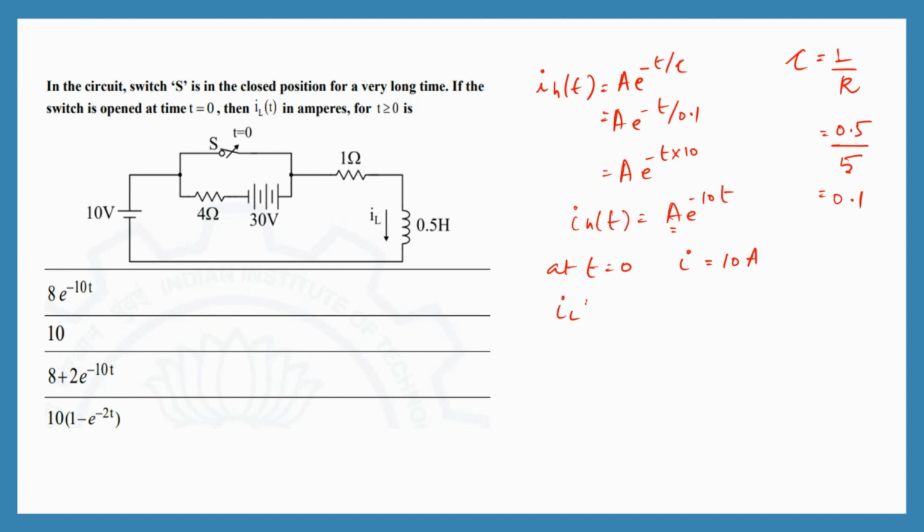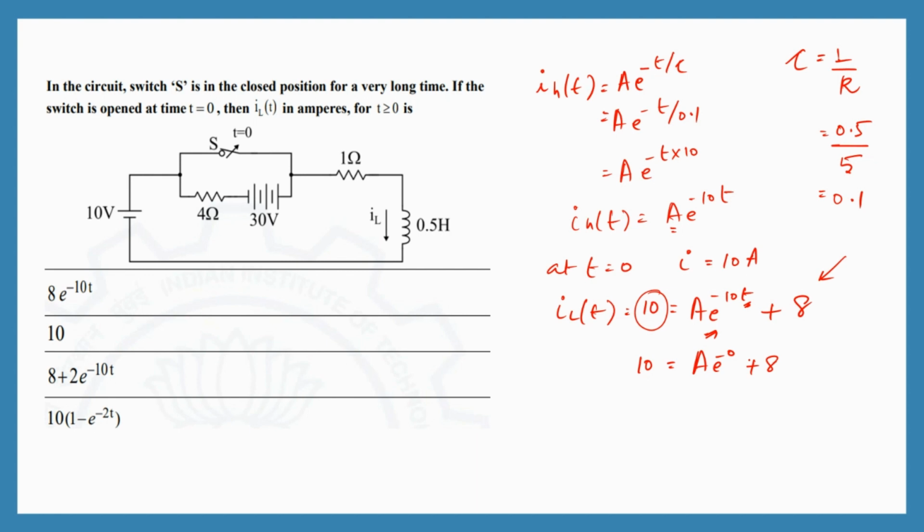So IL of t is equal to 10 amps, which is A e power minus 10t plus 8, where this is the homogeneous or natural response, and this one is the forced response. This 10 is the current when time t is equal to 0, so I can put t as 0. What I obtain here is 10 equals A e power minus 0 plus 8.